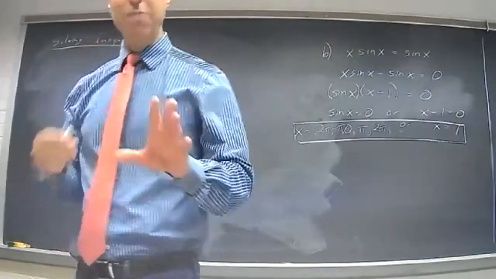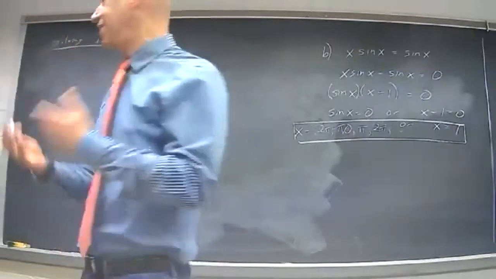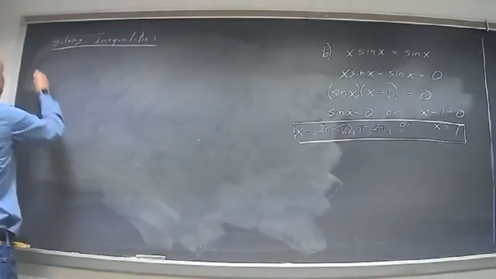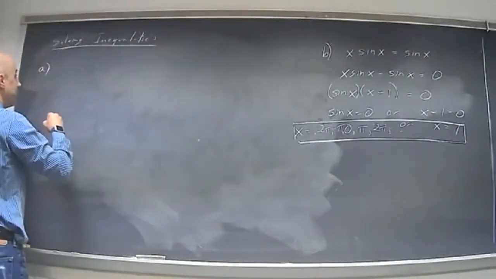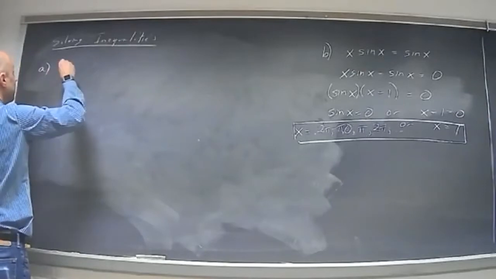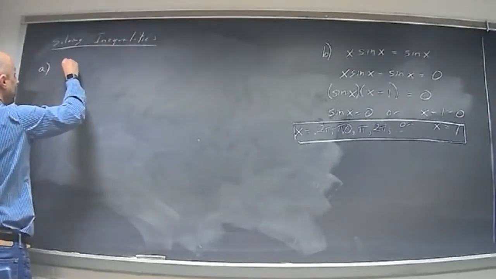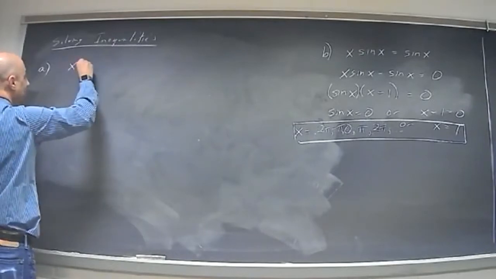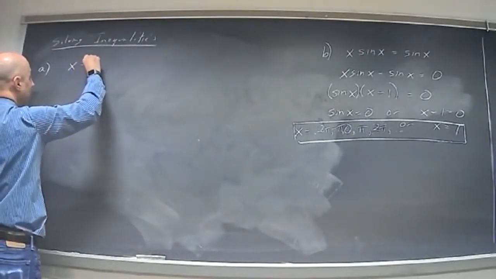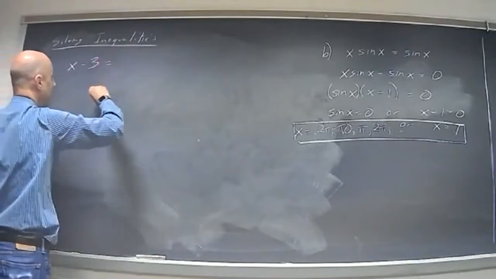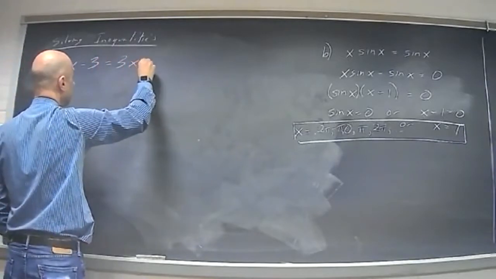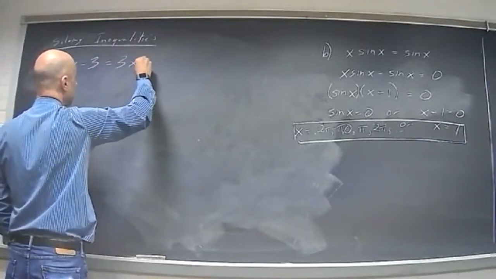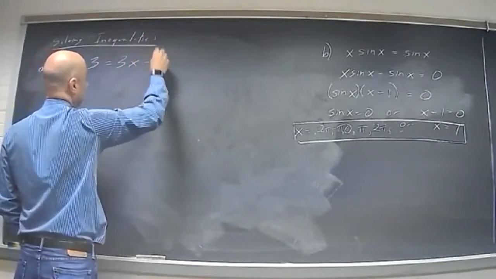Let's start with some really basic stuff just to get the wheels moving. How about we solve, let's say, x minus 3 equals 3x minus that.